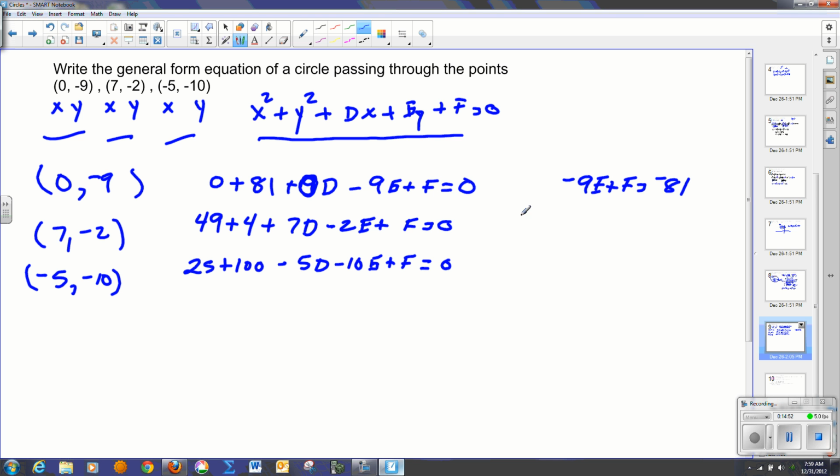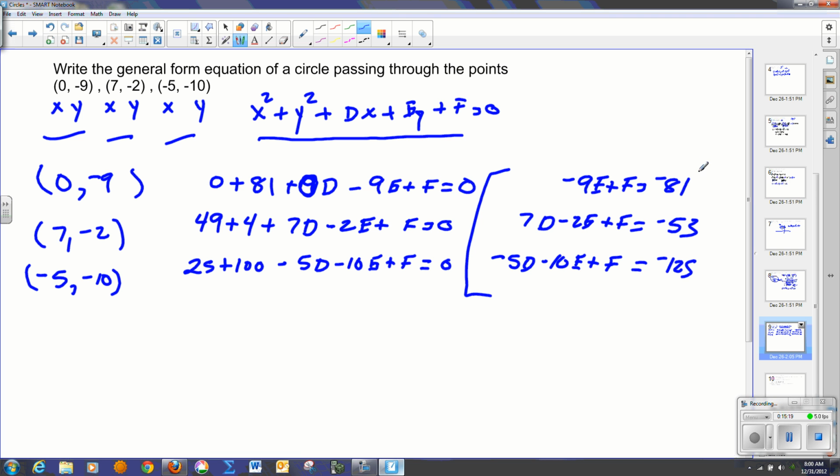I have 7d minus 2e plus f is equal to negative 53, and I have negative 5d minus 10e plus f equaling negative 125. So here's my three equations and three unknowns, and that's my system.